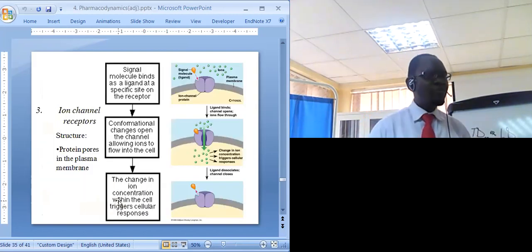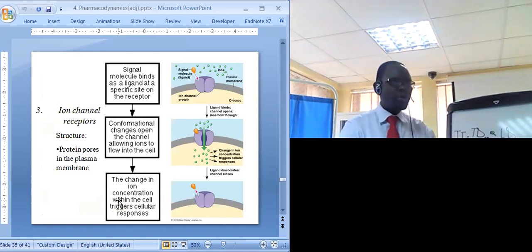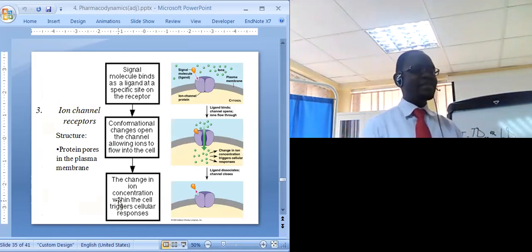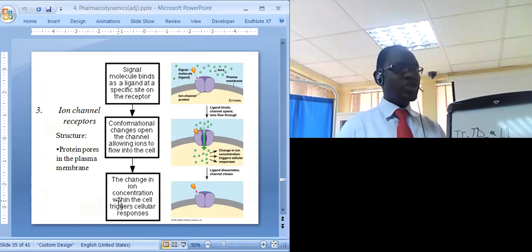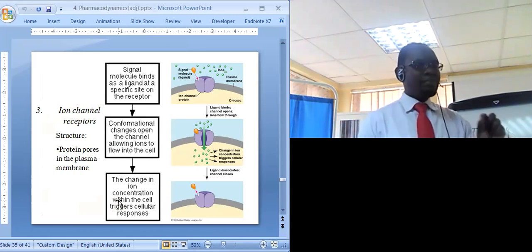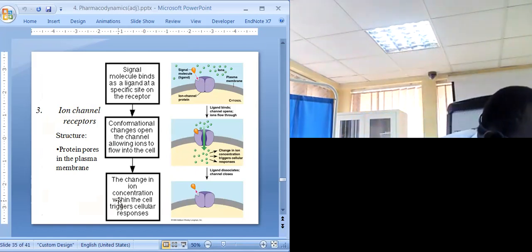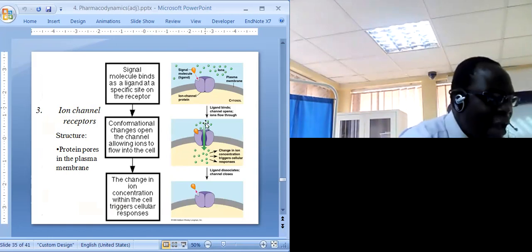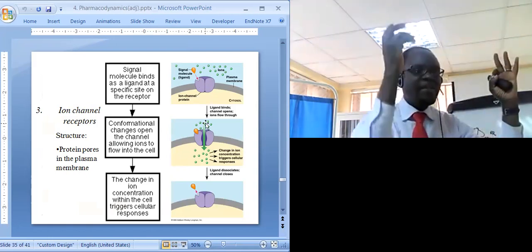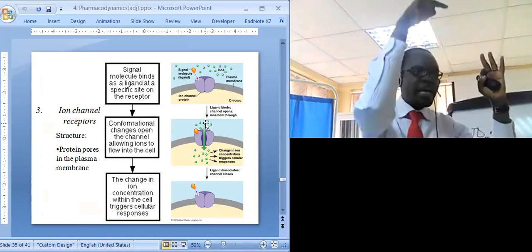Now we also have what we call the ion channel receptors, or the ion-gated receptors. As you saw earlier, it looks like that in the diagram. There is a place where the drug is supposed to bind. Once it binds, the channel opens, and then the signals are able to go through.